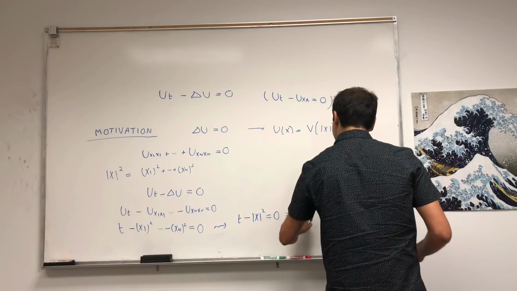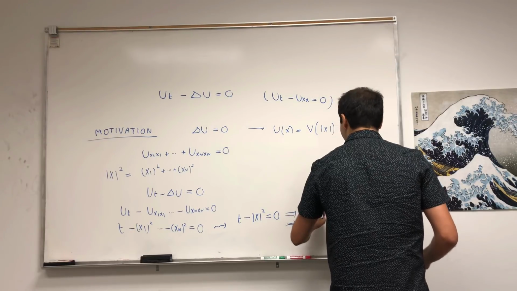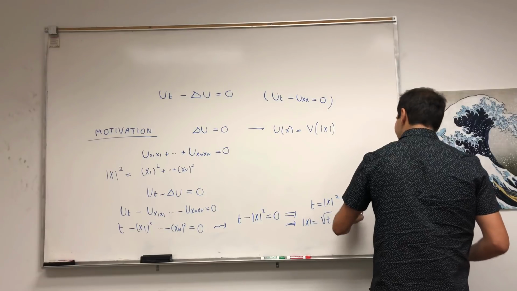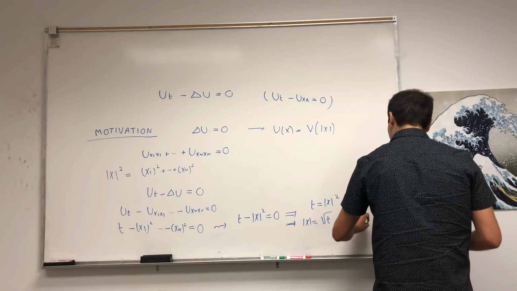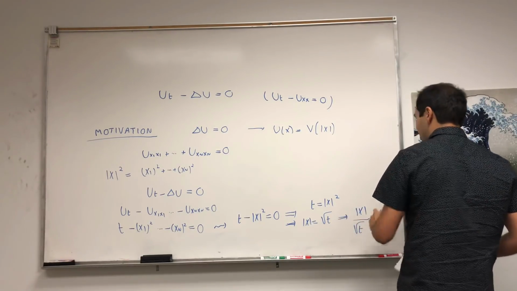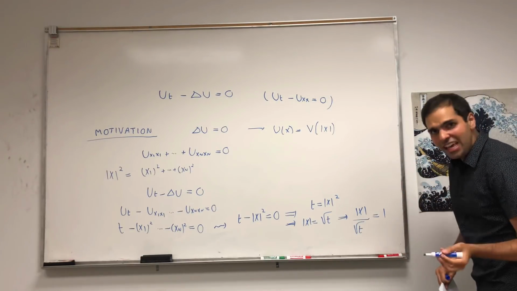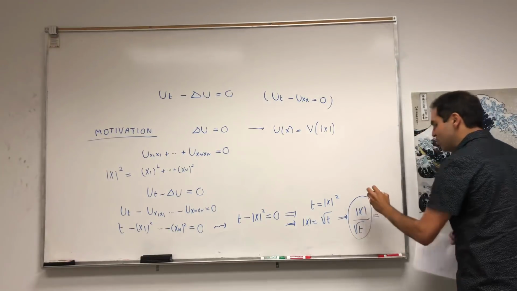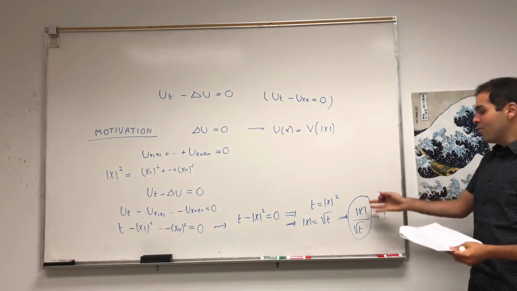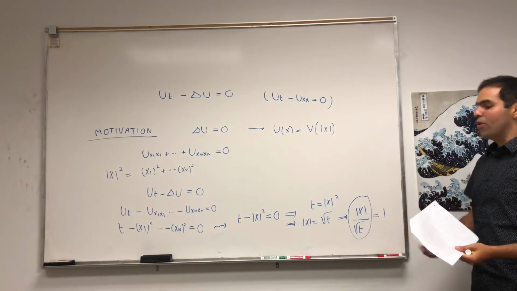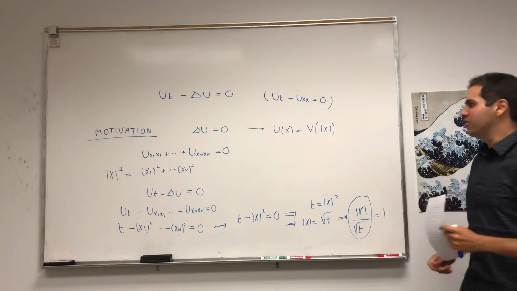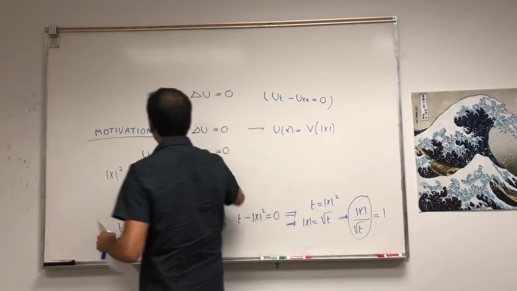So the length of x is, since it's positive, the square root of t, which gives us |x| over square root of t equals 1. So maybe, again, just as a motivation, our solutions will involve the term x over square root of t. And in fact, we're going to do something like that.